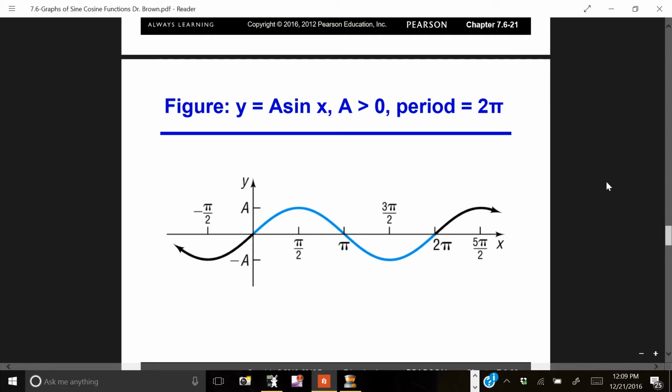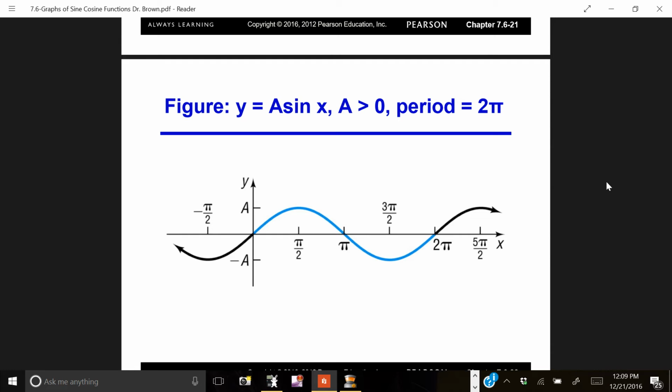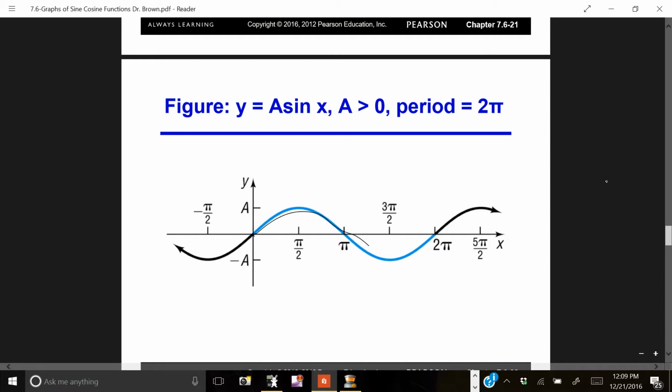So for y equal a sine of x, we see one period of 2 pi, and it'll go up to plus a and go down to minus a.